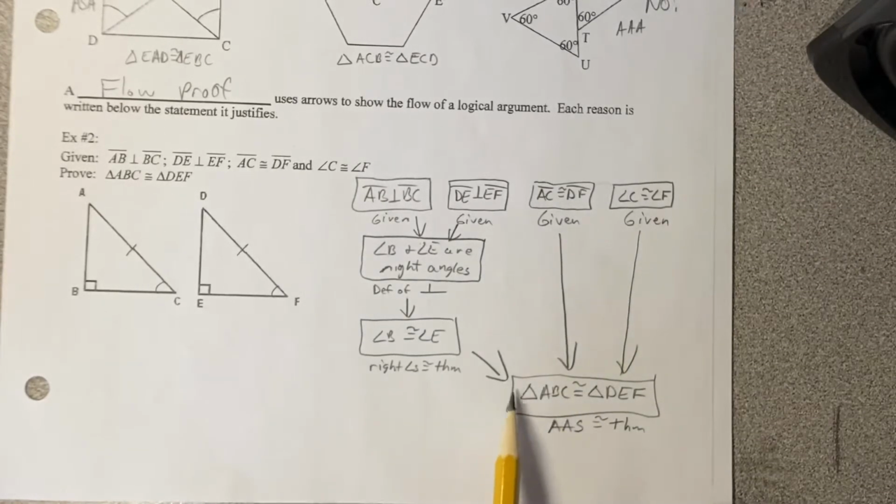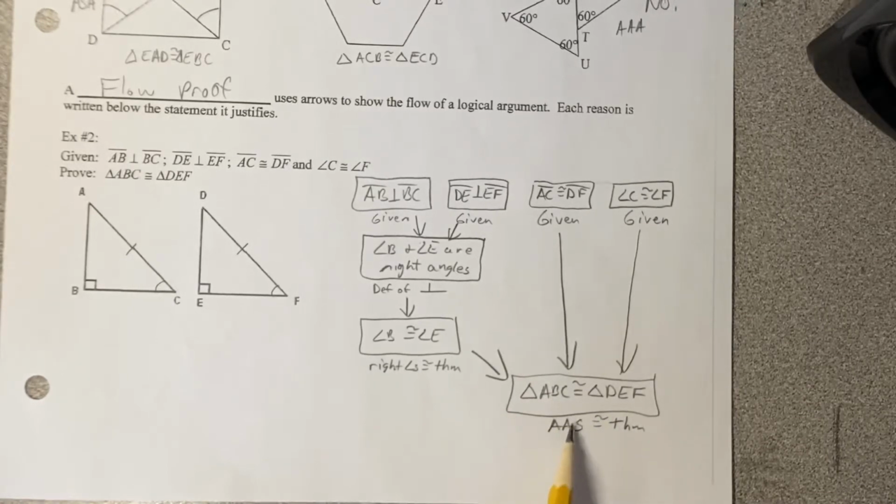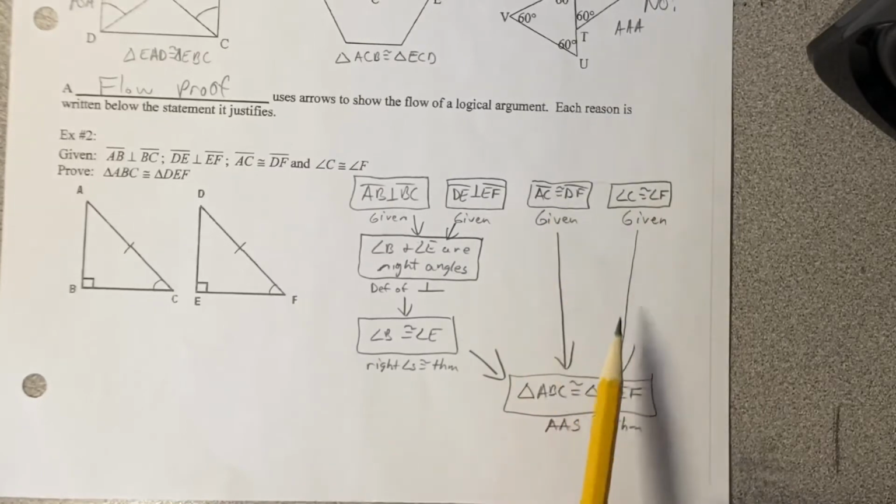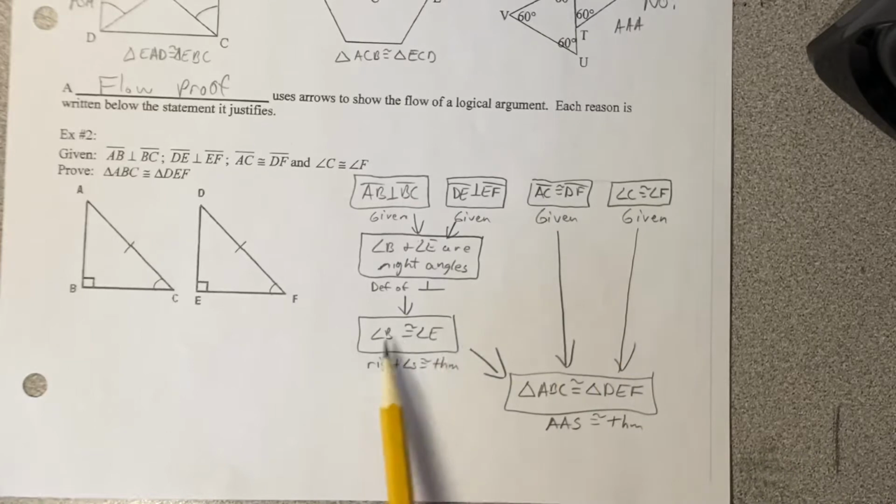I can see where my result is, and it was angle angle side. I can then see exactly where I said the pairs of sides and the pairs of angles are the same. I can work my way backwards.